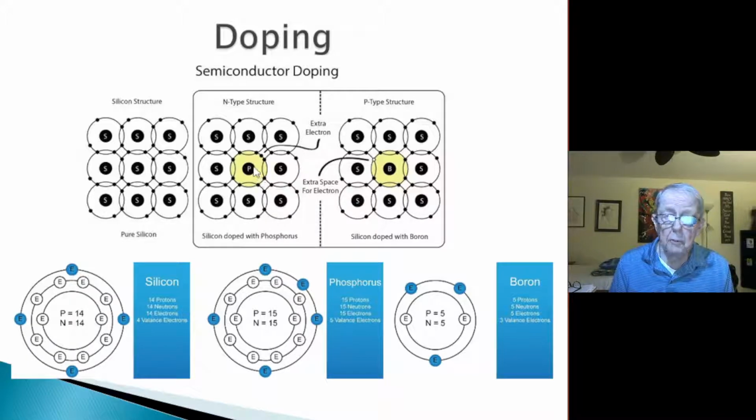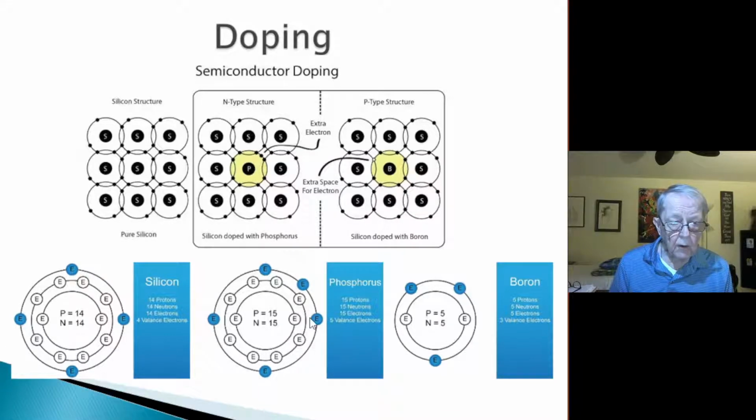To make an N-type structure in the diode, they infuse phosphorus, and to make a P-type, they use boron. That's only one example. I'm sure there are degrees of doping, and how much they put in affects how it works as well. But you can see that when you put a phosphorus in the middle in place of this one, you end up with an extra electron. That's because phosphorus has 5 outer electrons in the valence band.